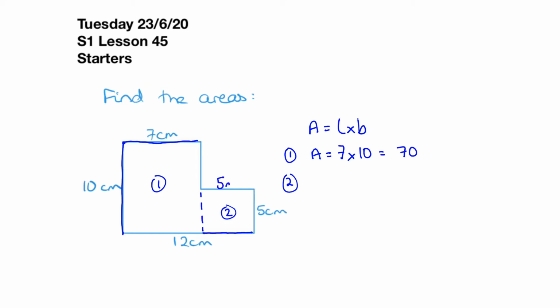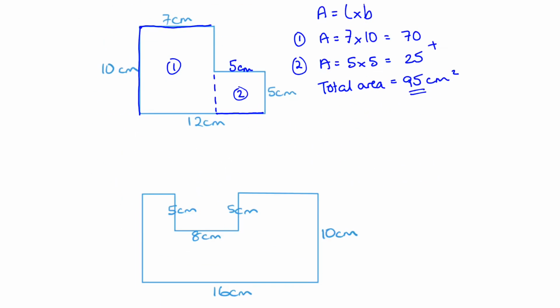So that must be 5 centimetres there. So the second one, the area is 5 by 5, which is 25. And then we can say total area, and add those together to get 95 square centimetres. Okay, remember for area it's square units.